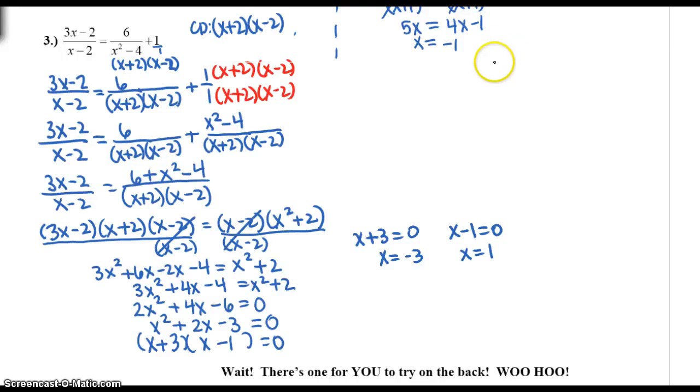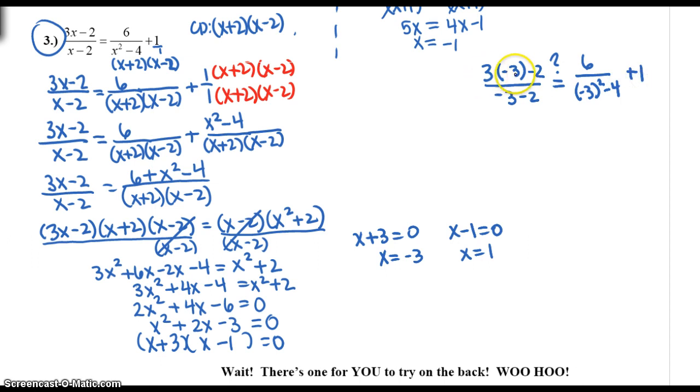We're going to check our solutions in the original equation up here, okay? So 3 times negative 3 minus 2 over negative 3 minus 2, is that equal to 6 over negative 3 squared minus 4 plus 1? Well, this is negative 9 minus 2, which is negative 11, and that'll be a negative 5 on the bottom.